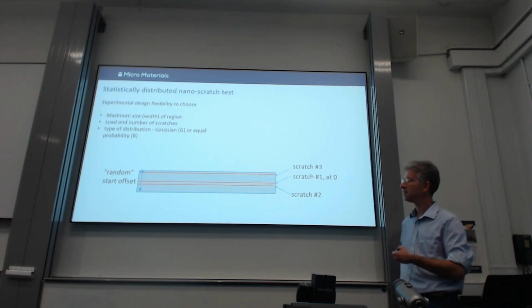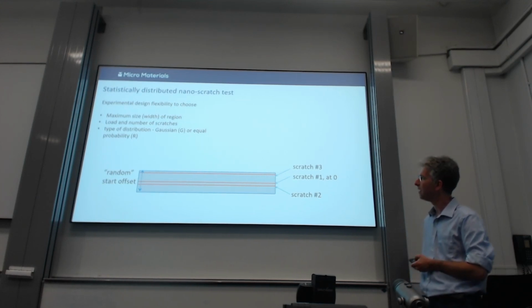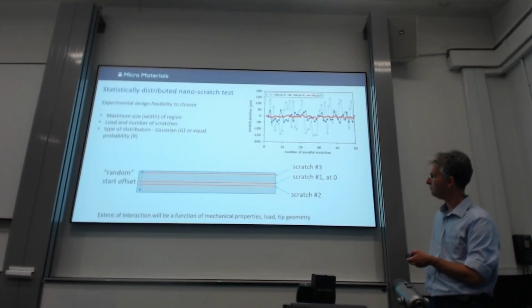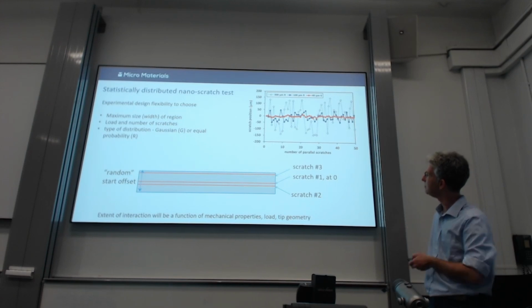All of those things go together to determine how much overlap you get. Here's just an example, and the tip geometry kicks in as well, of course. That's an example of the sort of thing you might get just by designing different tests.